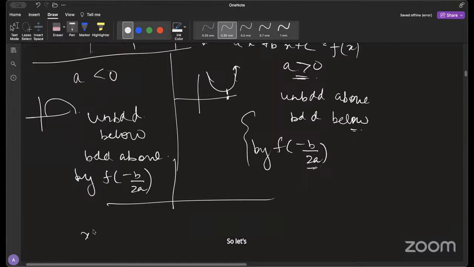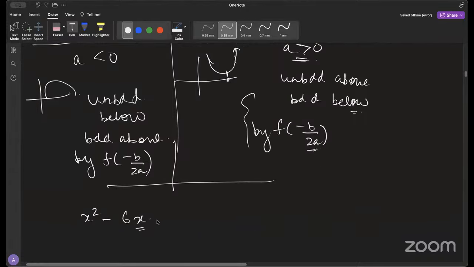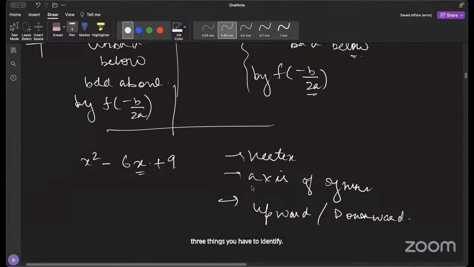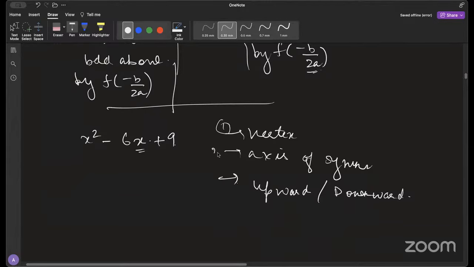So let's just do a question then. You have to tell the vertex, axis of symmetry, and upward or downward. Three things you have to identify. What is the first one?